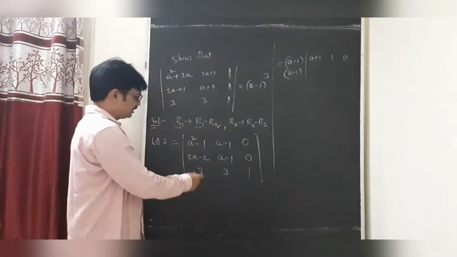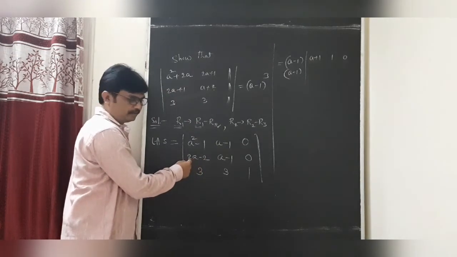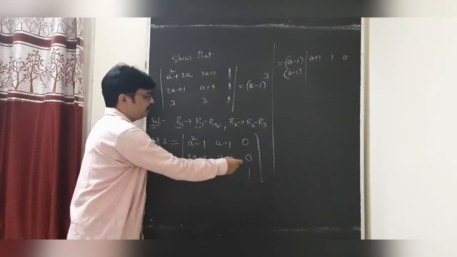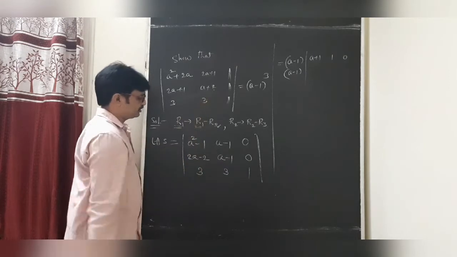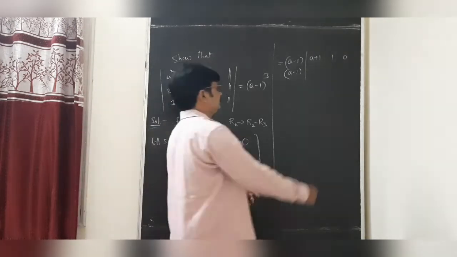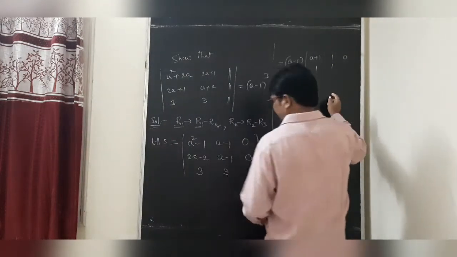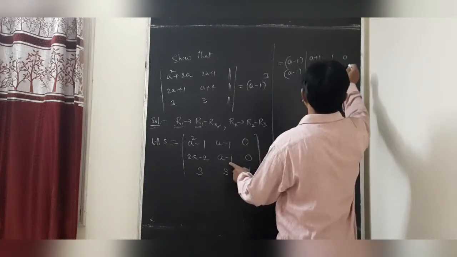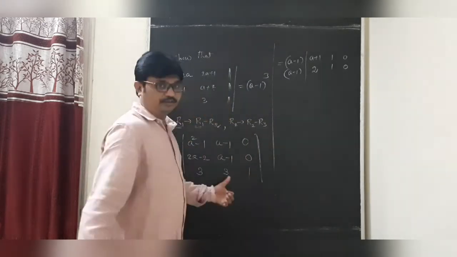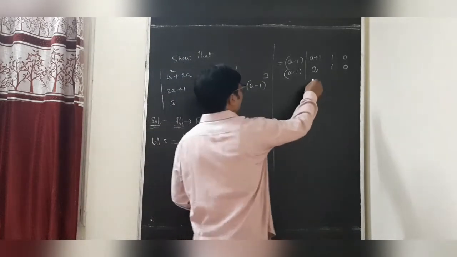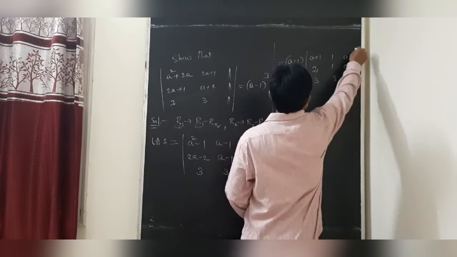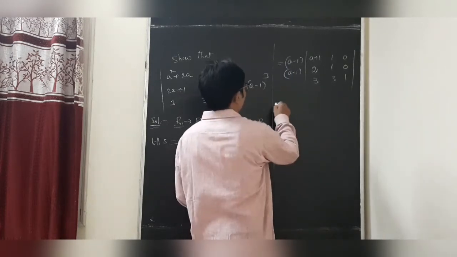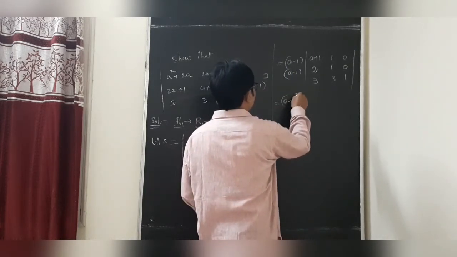So this is 1, this is 2, 1, 0, and 3, 3, 1. Dear students, a minus 1 whole square.